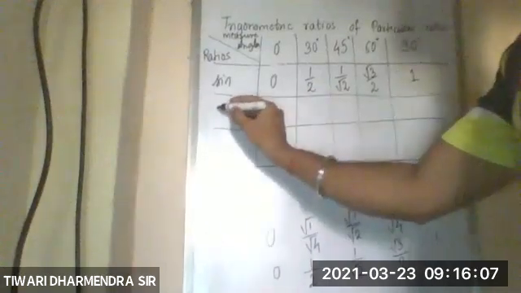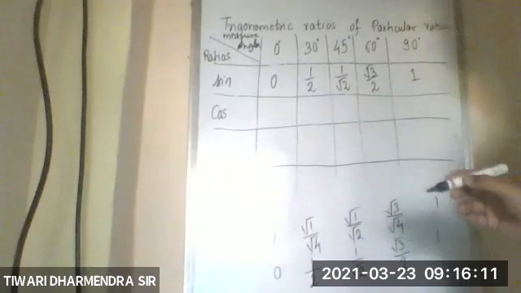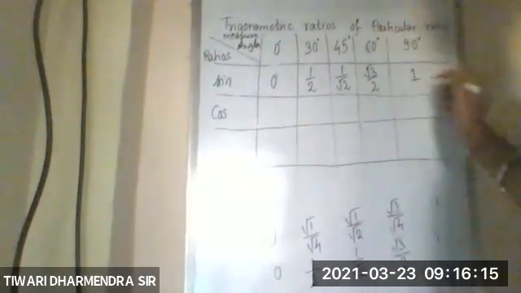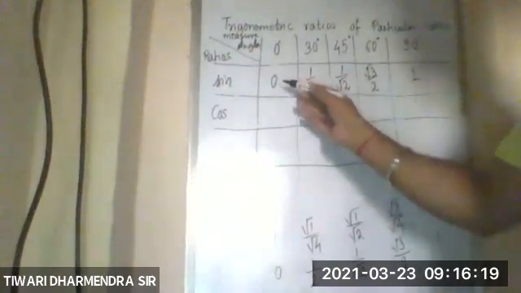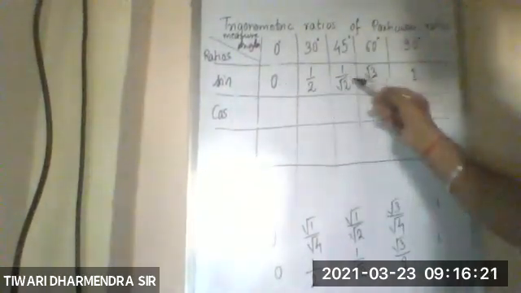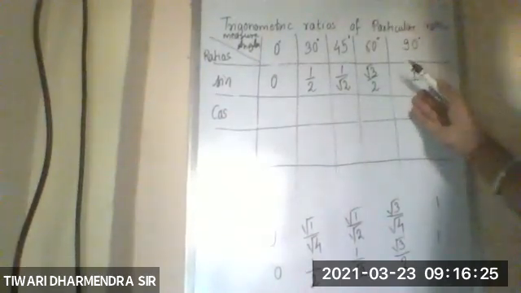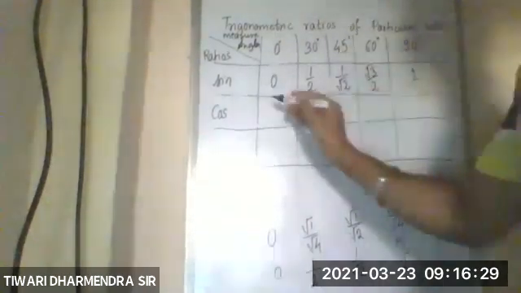Now for cos, what do you need to do? Just reverse the values. Whatever you have written, 0, half, 1 by root 2, root 3 by 2, 1, so start the values from 1.